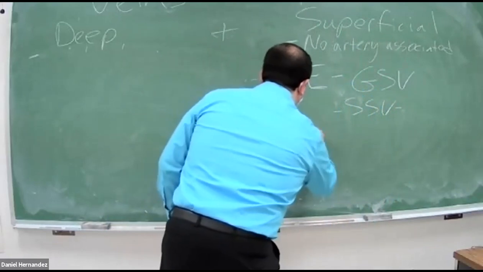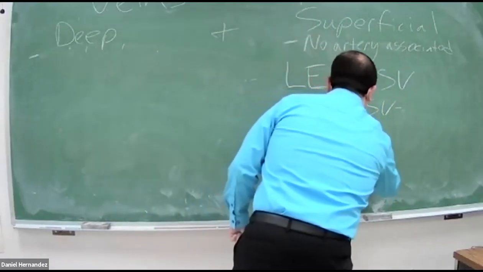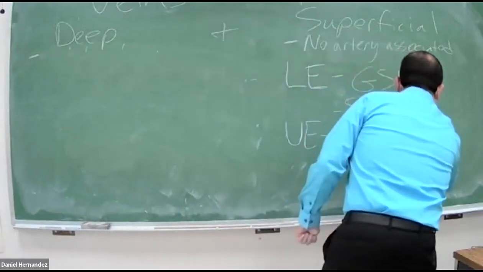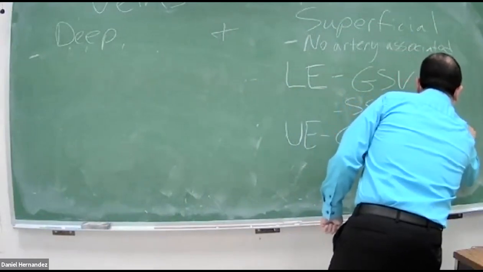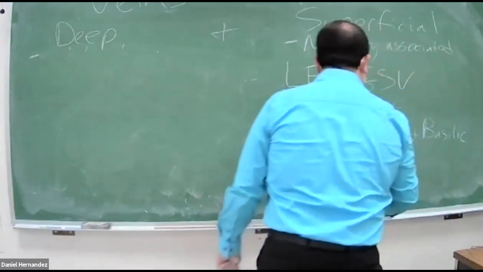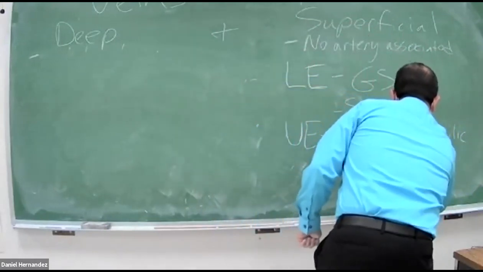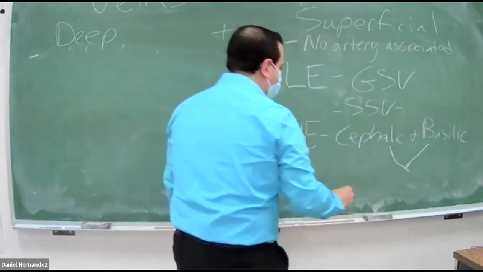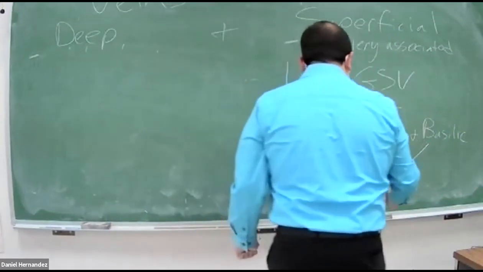For upper extremity, our cephalic and basilic veins. We have that connection between the cephalic and the basilic in the antecubital fossa.